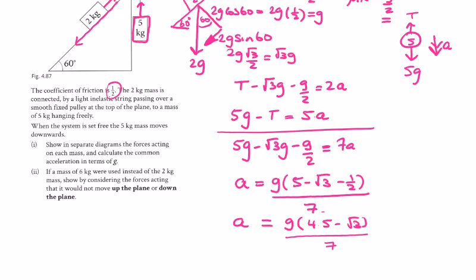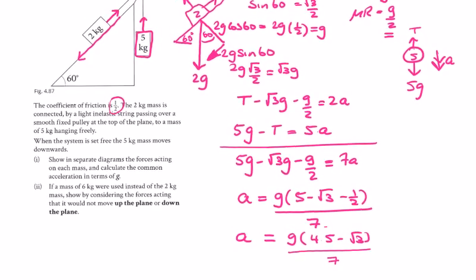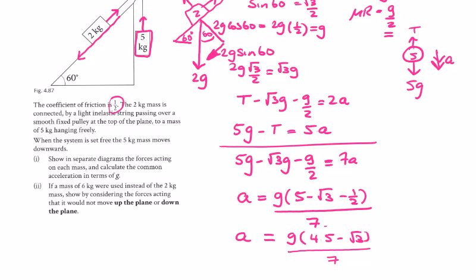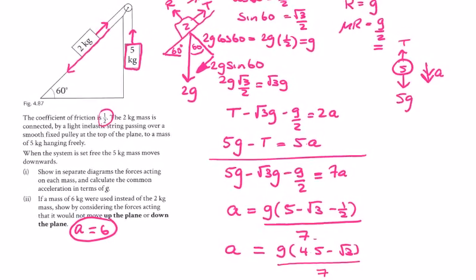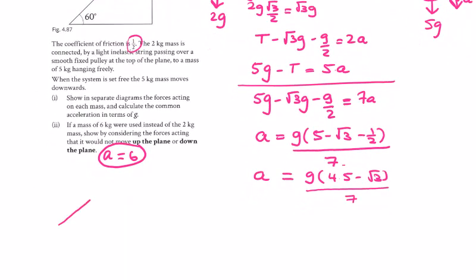And then if 6 were used instead of 2, show, considering the forces acting, that it would not move up the plane or down the plane. So we have to show that A is equal to 0 if there's a 6 there. Okay, well, let's just do the diagram again for 6. 6G.